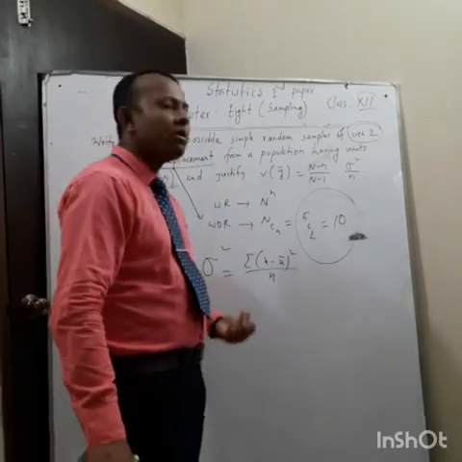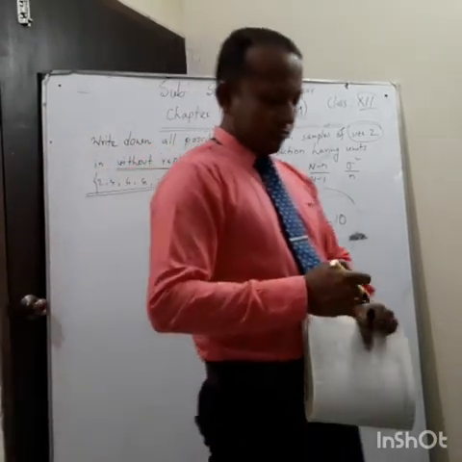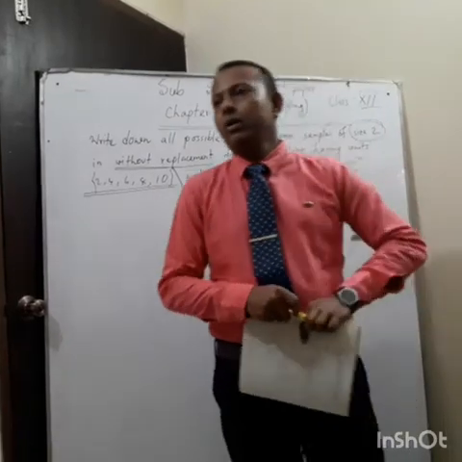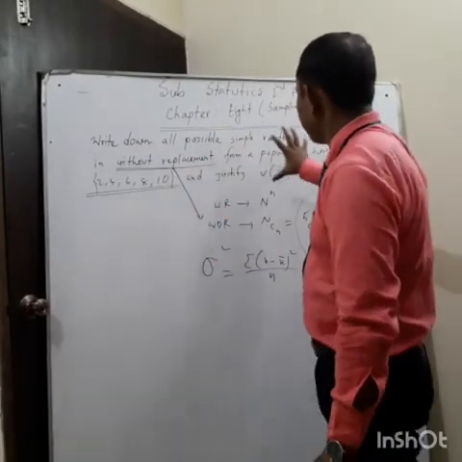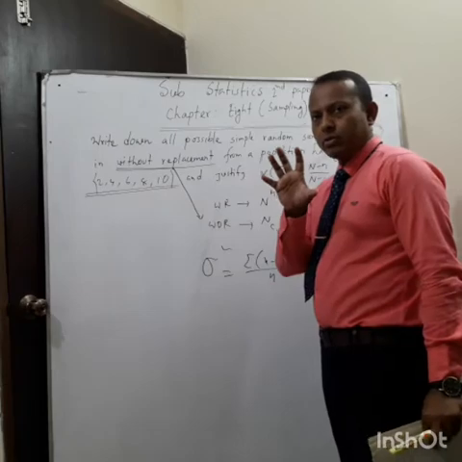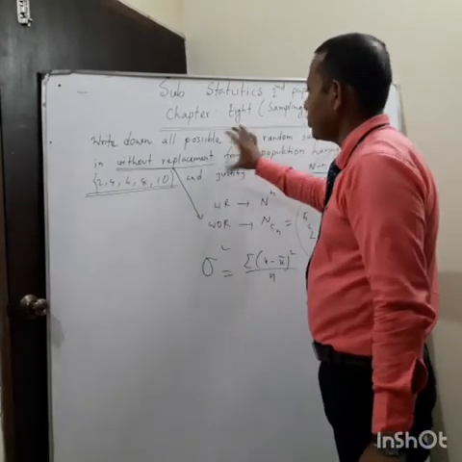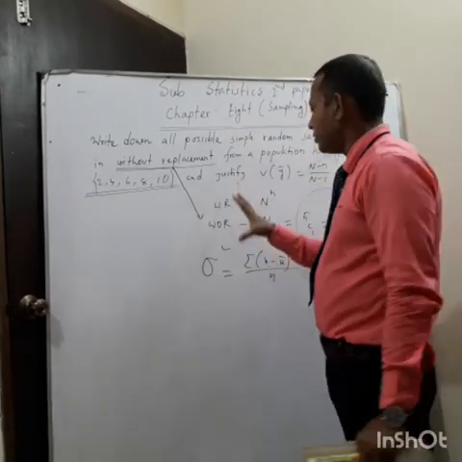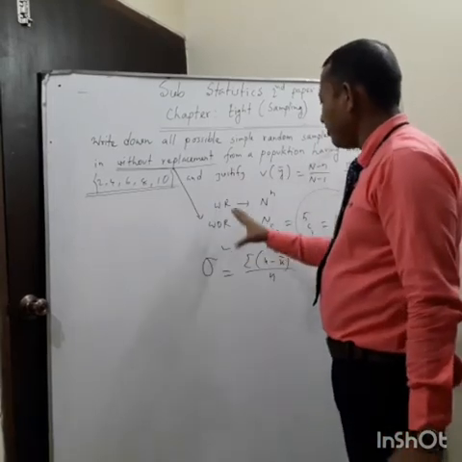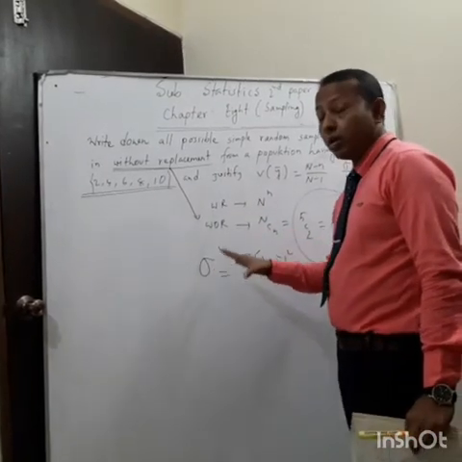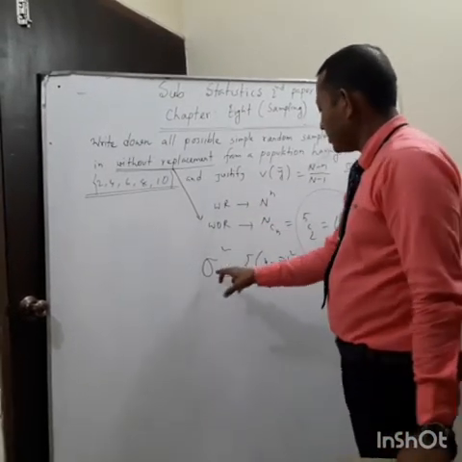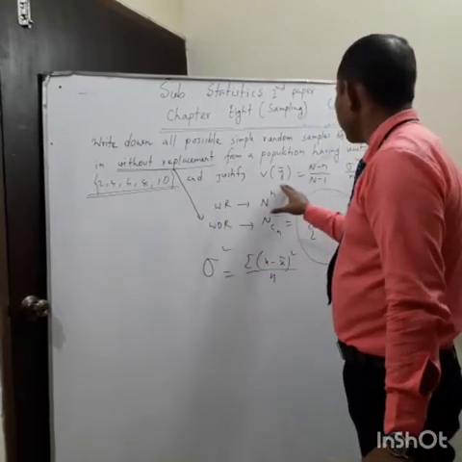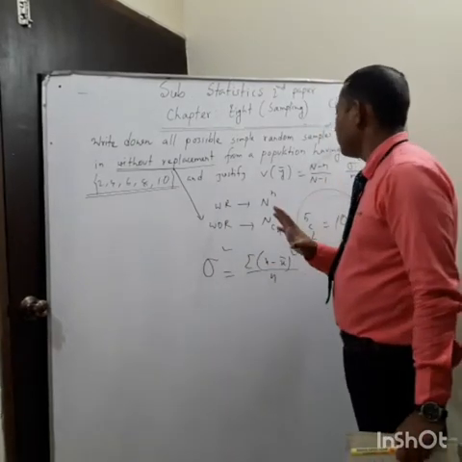Variance is always a square term. To solve the question we have to know this, and if we are able to determine the value of sigma square, then justifying this is very easy.